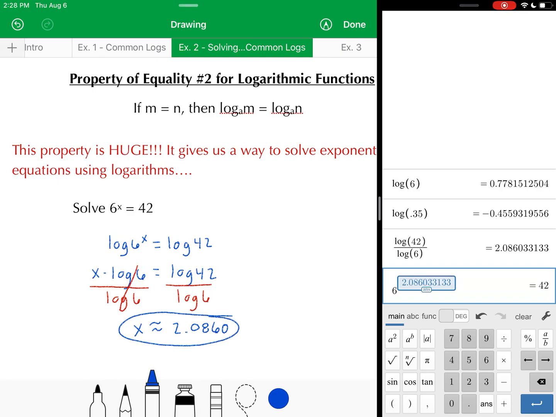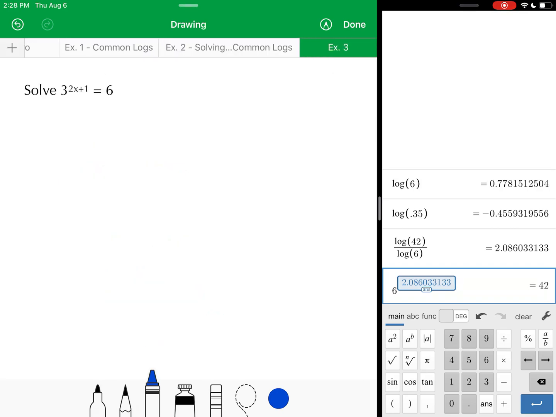Now let's get a more sophisticated equation. 3 to the power of 2x plus 1 equals 6. I'm unable to write 3 and 6 in terms of the same base here, so I'm going to begin with the same approach as the last problem. I take the common log of both sides, and now I apply a power property. This time, since the power is a binomial, I'm going to put it in parentheses.